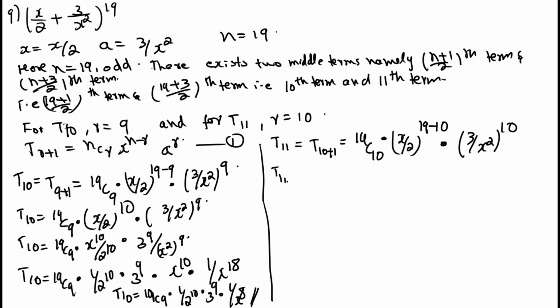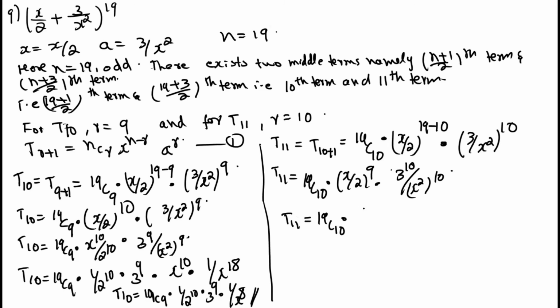So T11 equal to 19C10 into x by 2 to the power 19 minus 10 is 9, into, here you can write it as 3 to the power 10 by x square to the power 10. So T11 equal to 19C10 into x to the power 9 by 2 to the power 9 into 3 to the power 10 by x to the power 20.